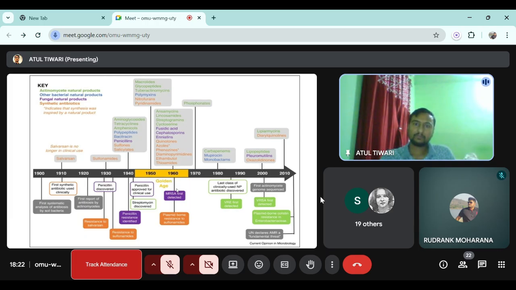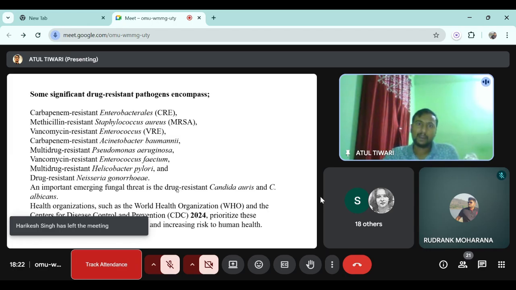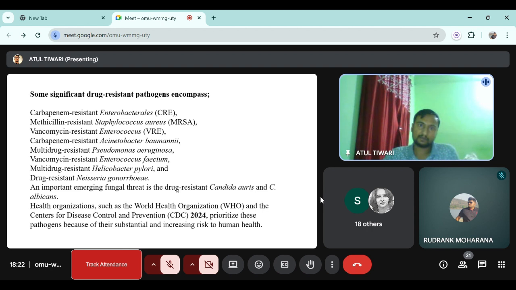Here you can see a lot of antibiotics have been developed over time, but here is the main scenario. Some significant drug resistant pathogens are the current challenge, like carbapenem resistant Enterobacterales, Staphylococcus aureus, Enterococcus, and Acinetobacter baumannii. Acinetobacter baumannii is generally the main cause of catheter and medical device associated bacterial biofilm, and around 80% of antibiotics known to date are ineffective against its biofilm.